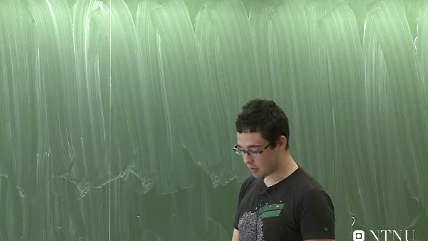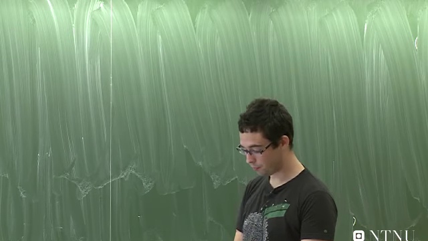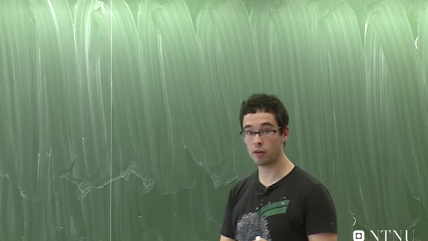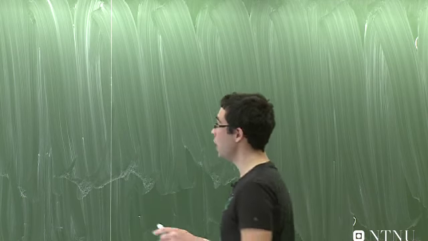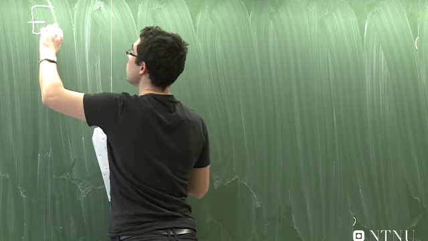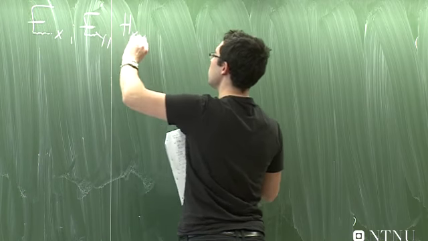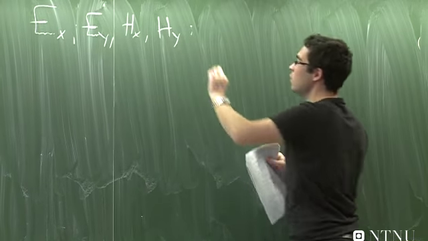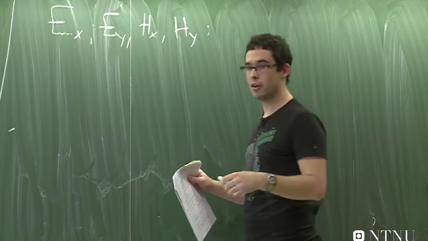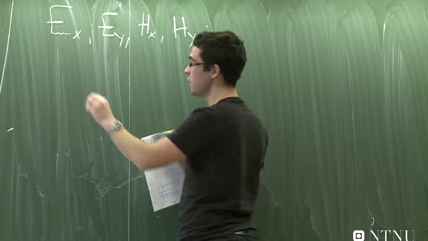But let's get back to the waves that can exist in a hollow waveguide. And first of all, we show that the Ex, Ey, Hx, Hy, these fields are all functions of Ez and Hz.